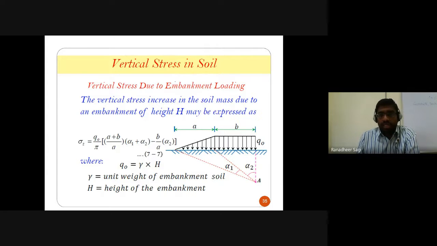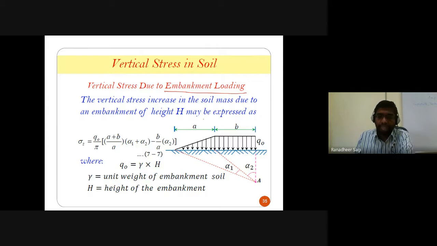So, in case of an embankment loading, what does that mean? In a typical embankment, the center portion is generally referred to as a uniformly distributed load, whereas your sloping region is not exactly a uniformly distributed load, rather it is a uniformly varying load.